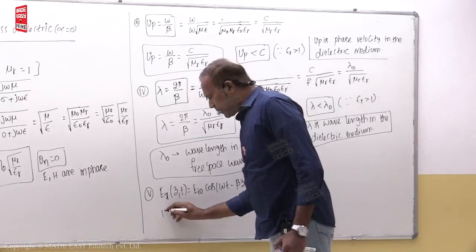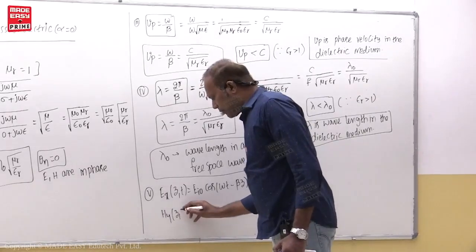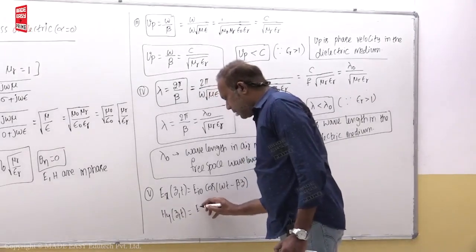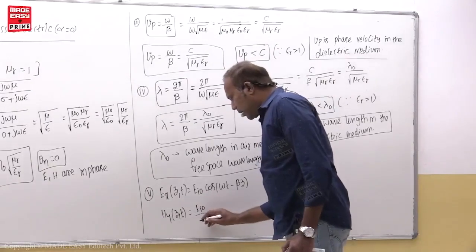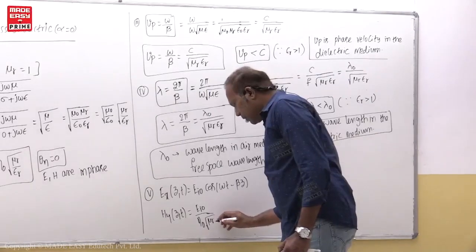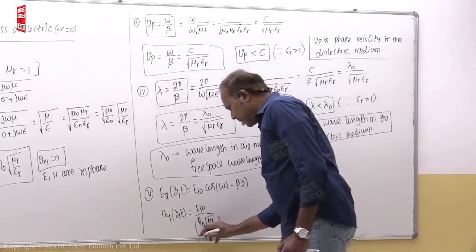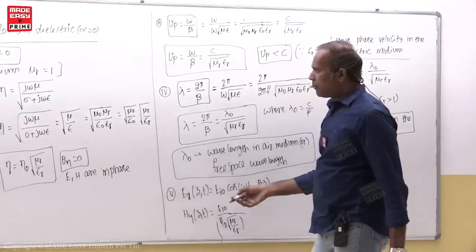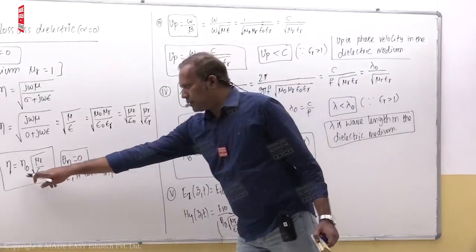And here the magnetic field equation: Hy(z,t) is equal to E_i0 divided by mod eta. Mod eta is nothing but eta naught root mu r by epsilon r.